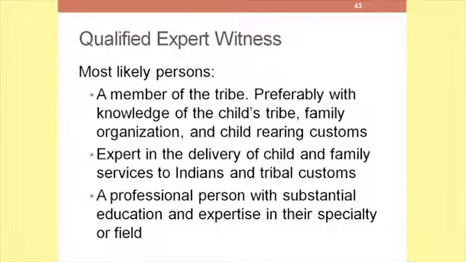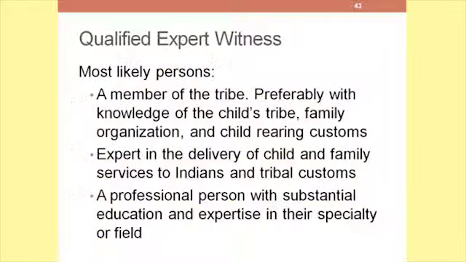So there are those of us who would argue this list is in order, with the first one being the first preferred person, and then going down from there to the second most preferred, and then the third.